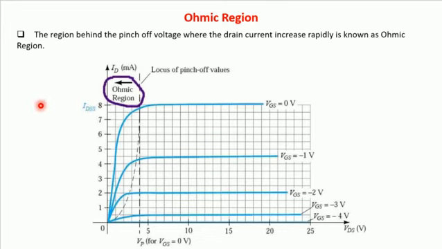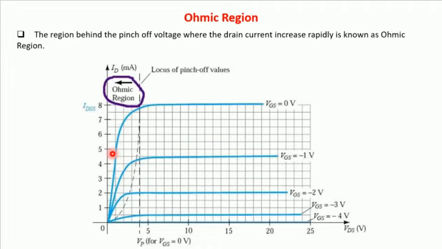Up till now, we have discussed the three main regions of JFET: cutoff, saturation and ohmic. In the cutoff region, the JFET acts as an open switch. In the saturation region, the JFET works as an amplifier, and the third region, the ohmic region, works as a closed switch.